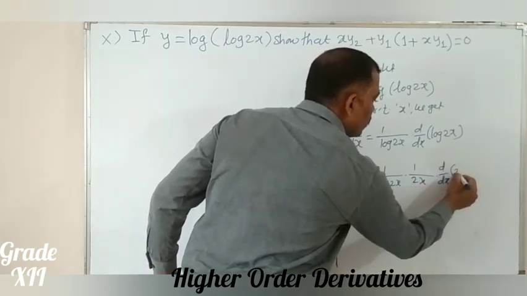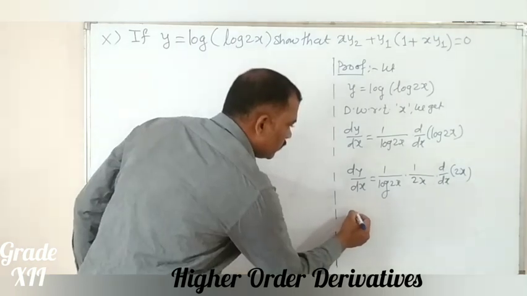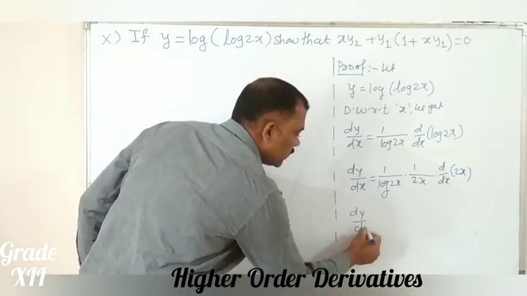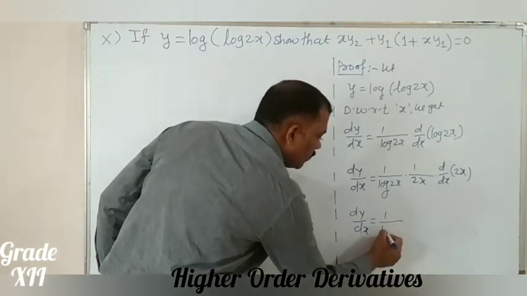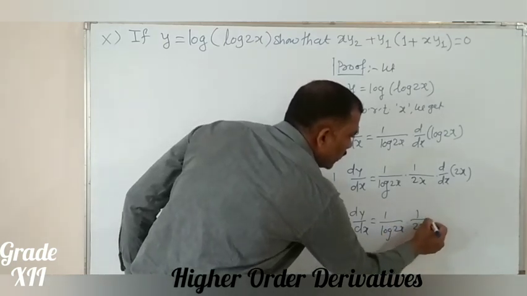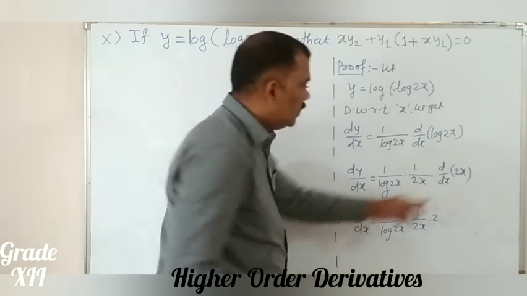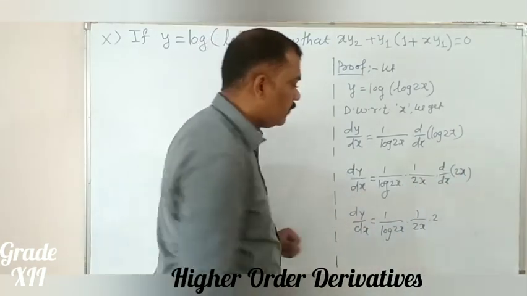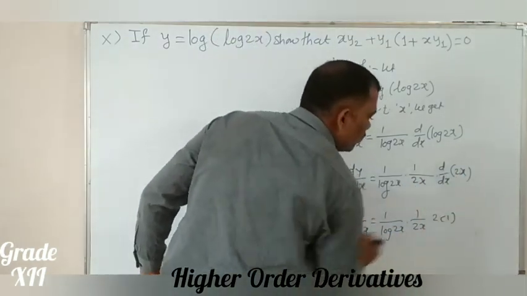of 2x, so that what you have to get, dy by dx is equal to 1 upon log of 2x into 1 upon 2x into 2. Differentiation of x with respect to x is nothing but 1.